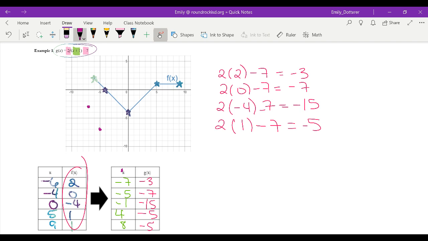Then 4, -5, and then 8, -5. From there, we connect them to the best of our ability. And we're going to label this g of x, because that's the function that we just graphed.